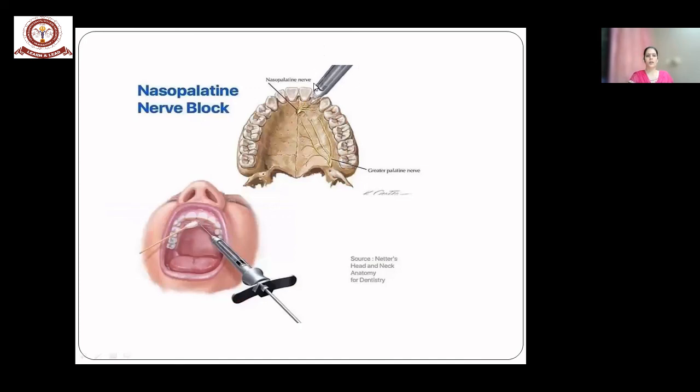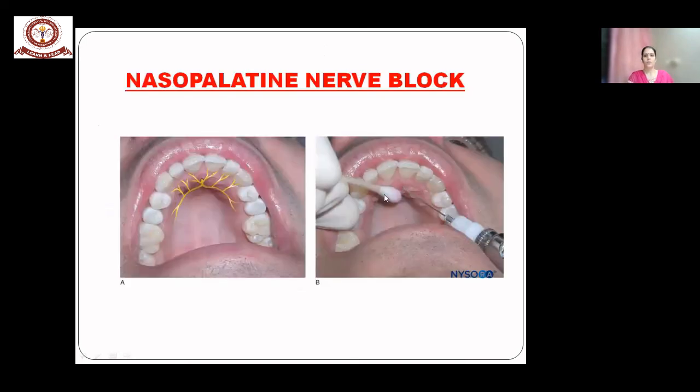And this picture shows a single needle penetration for the block of the nasopalatine nerve. The orientation of the needle is at a 45-degree angle exactly at the incisive foramen. You have to deposit about 0.45 ml, same as that of the greater palatine nerve block.